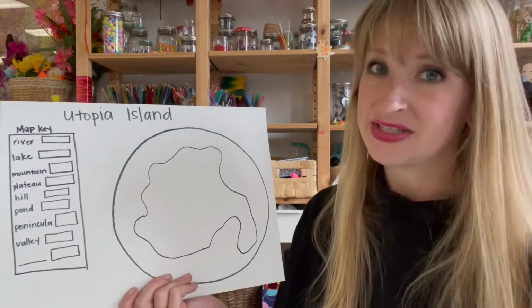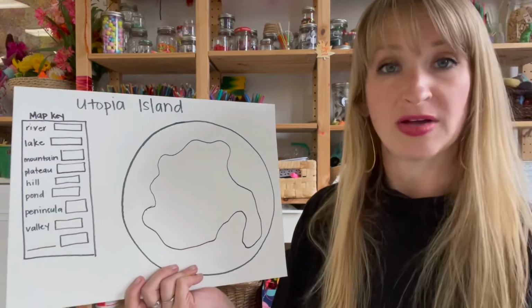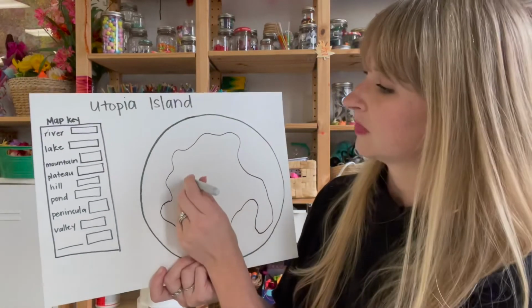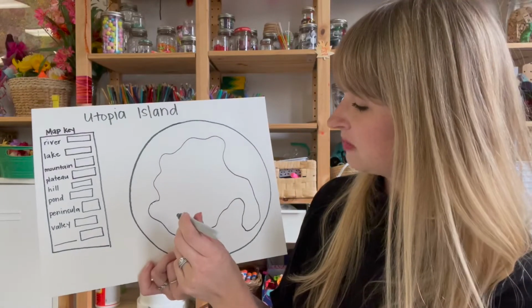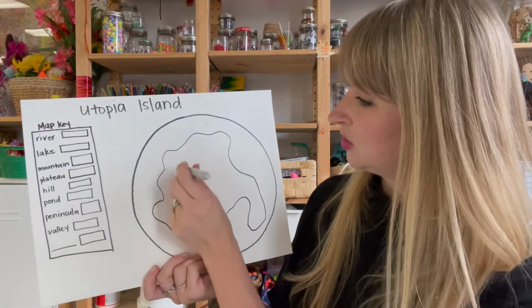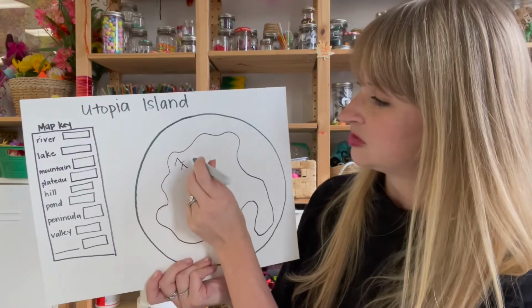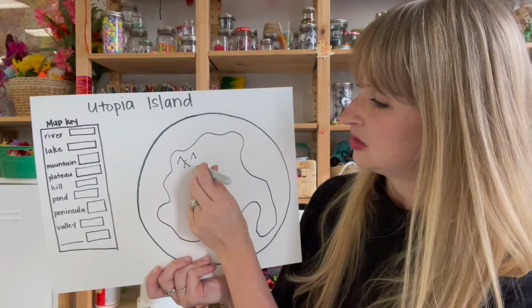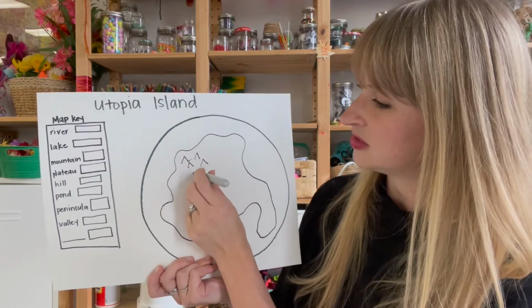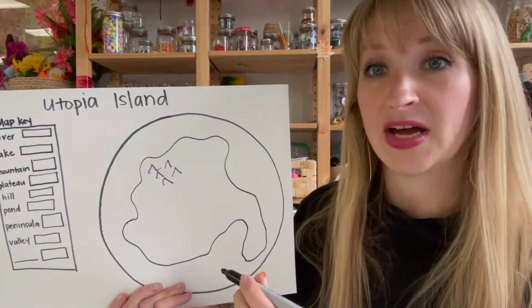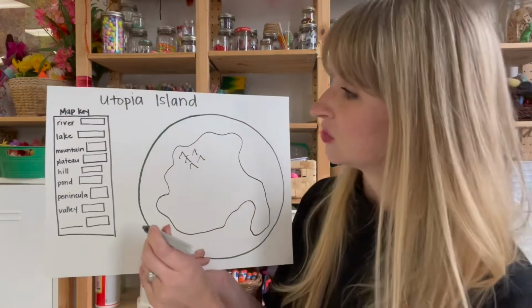The way that I'm going to symbolize a mountain is by drawing part of a triangle. So I'm going to put my mountains over here in this area. I'm just going to draw a bunch of tops of triangles. And that will identify that those are where my mountains are going to be.